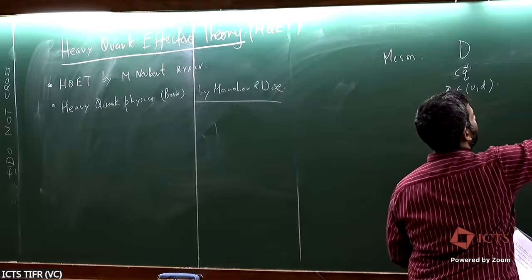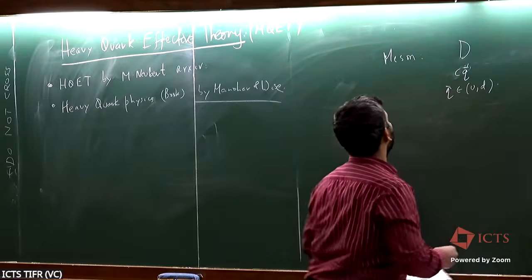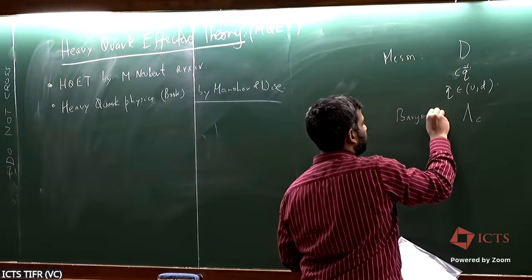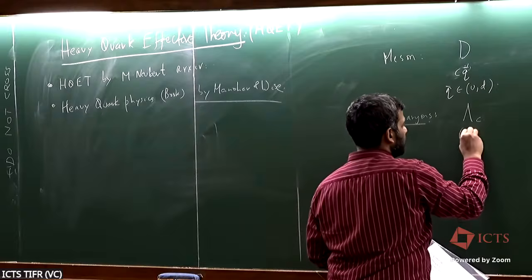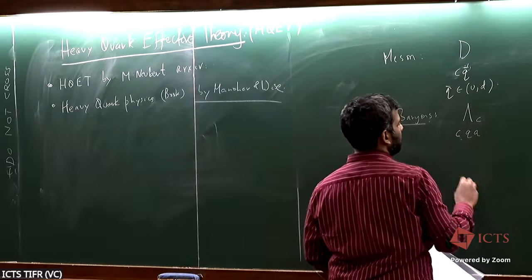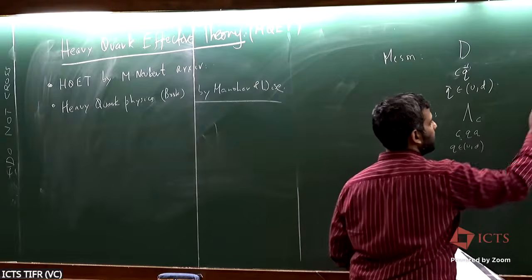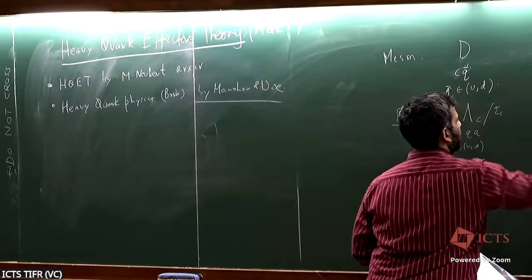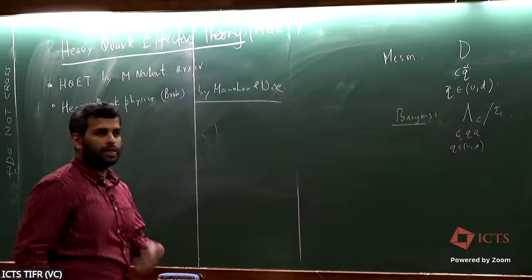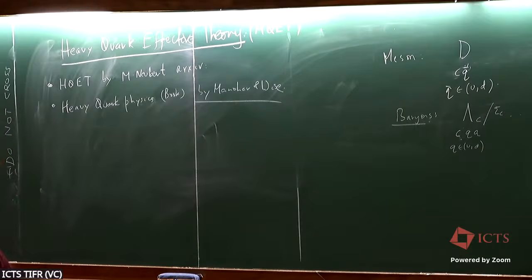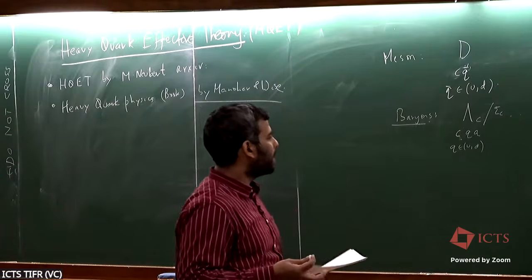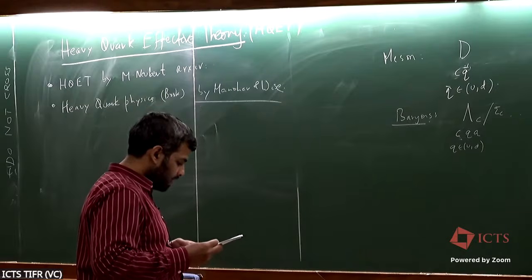There is the B meson, which is b Q bar, again Q bar is u or d. Then there are Lambda C baryons, which is c Q Q, again Q is u and d, and something like Lambda B, Sigma C, Sigma B, and so on. So I want to describe a QCD bound state that has one heavy quark, and then has either one light antiquark, one light quark, or two light quarks.